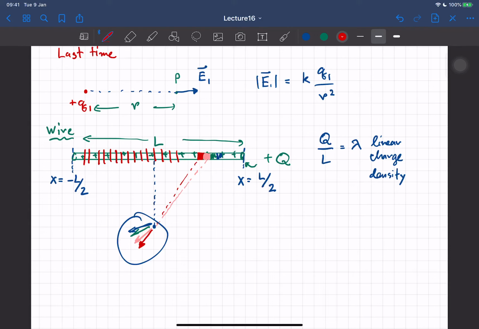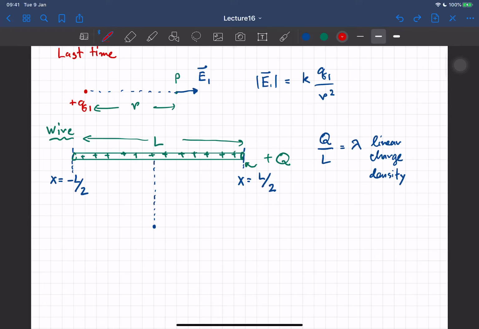And this is how we use calculus most of the time in physics, which is to cut up our object into smaller pieces and then we just add up. And adding is just integrating in calculus. So let's be a little bit more systematic and see what we're going to do. The first thing you do is you need to set up the variable that you want to integrate.